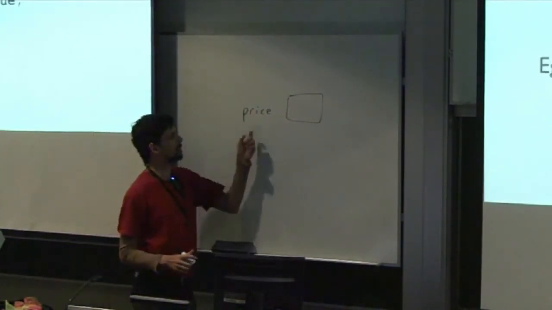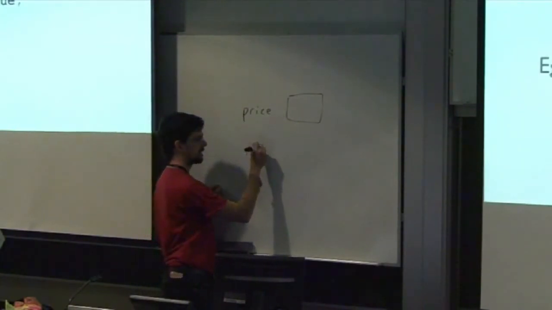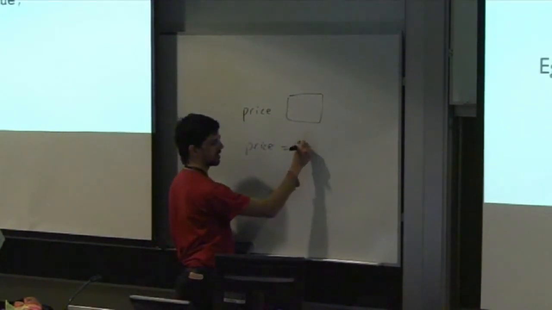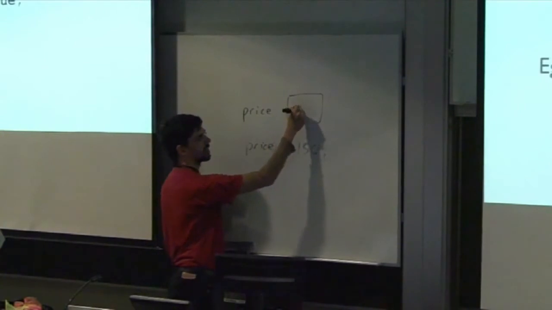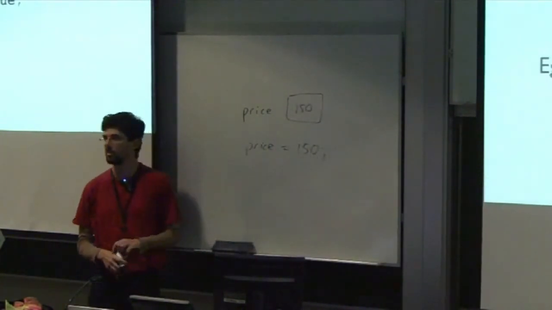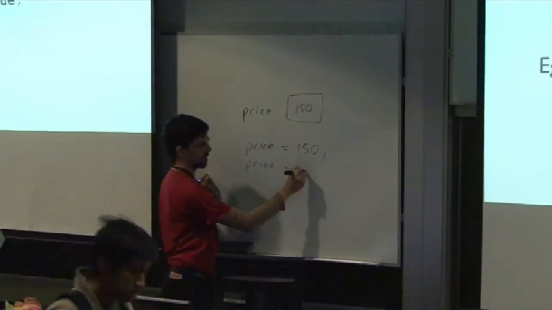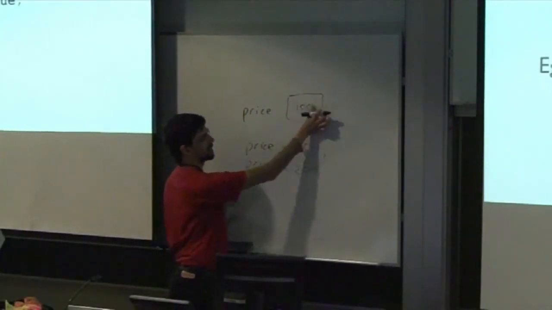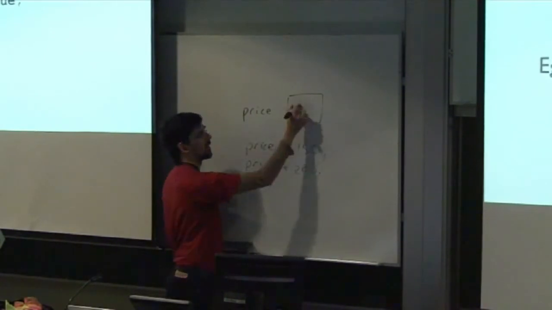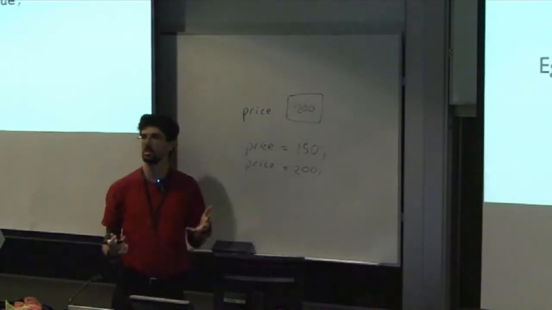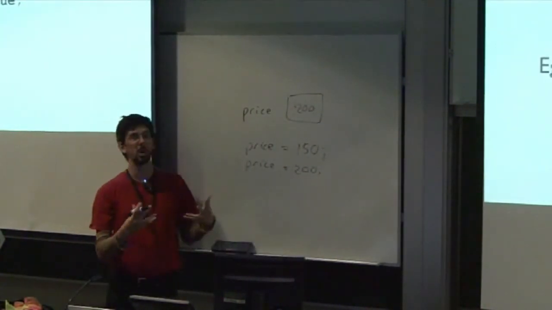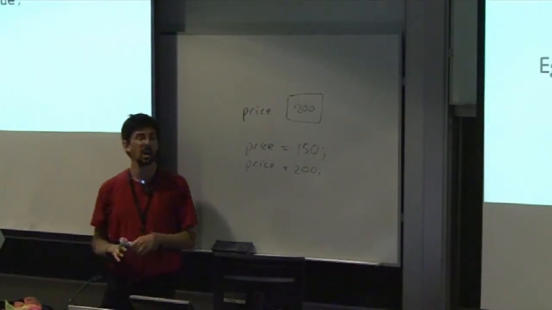So when we say price equals 150, we're putting 150 in that box, right? If we then go on to say price equals 200, whatever's in the box is thrown away, and we override it with 200, right? So a variable is just a named box that we put things in.